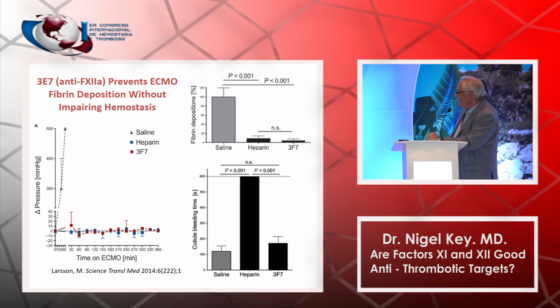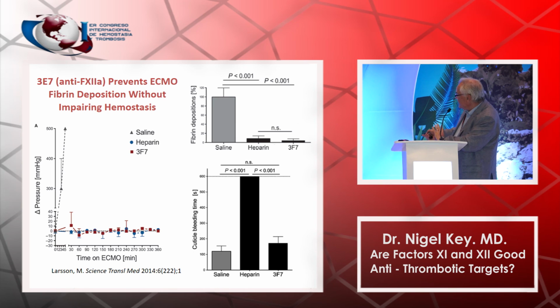If they are on heparin, the time on ECMO is on the x-axis here, the pressure is maintained at a low level. 3F7 is an antibody to factor 12A. And in this model, it also seems to work as well as heparin, perhaps not incurring the same bleeding risk as heparin.